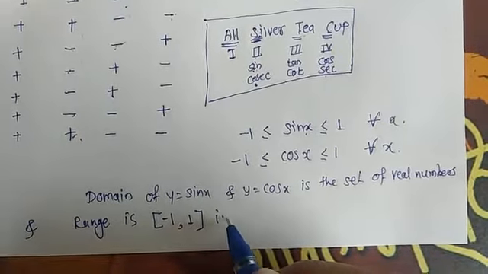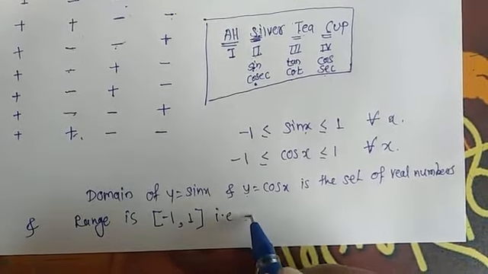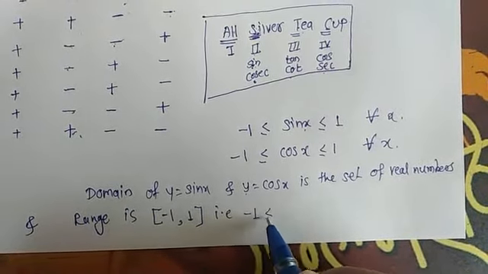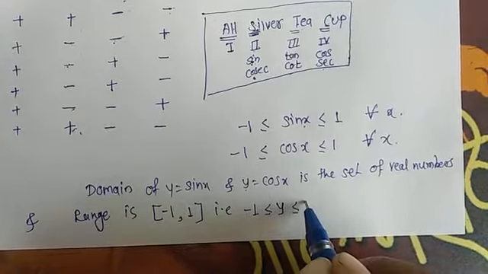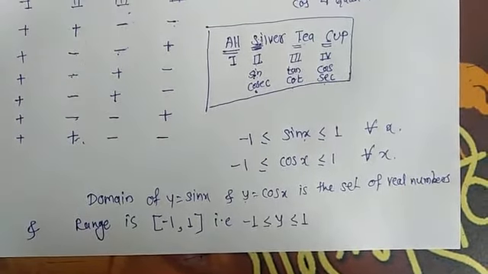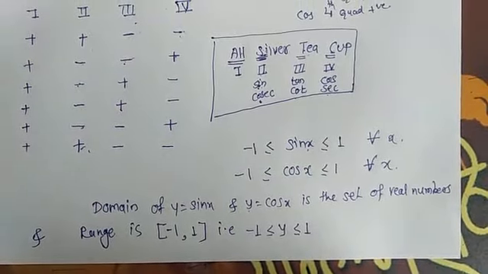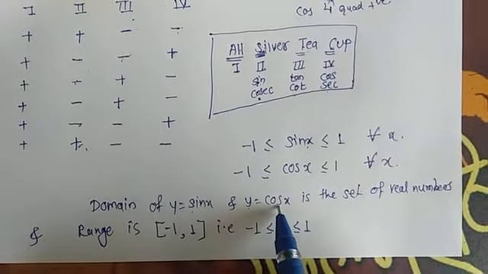That is, the value of y lies between -1 less than or equal to y less than or equal to 1, which will be the range of sin x and cos x.